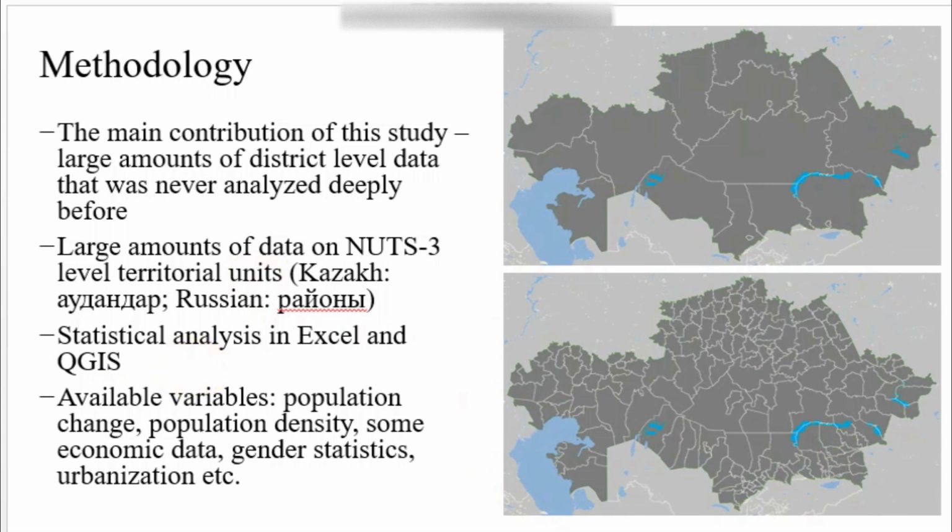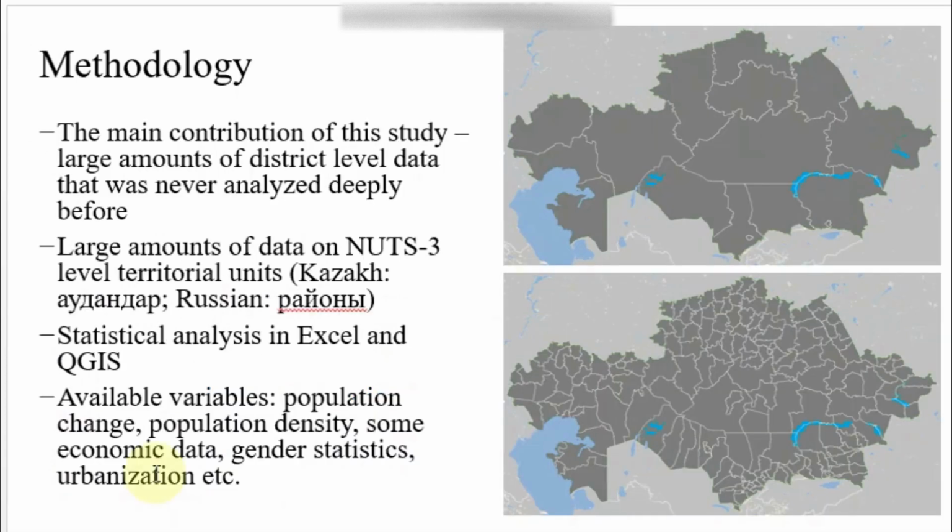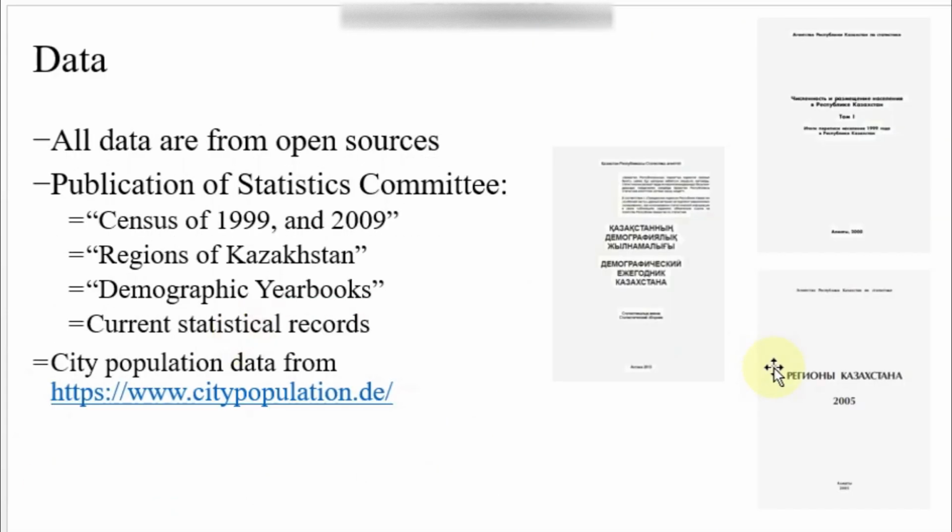In fact, these data sources contain a huge amount of geodemographic data. So it includes population change here, population density, economic data, some gender statistics, data on urbanization, and many other types of data. So I'm planning to write a series of papers based on these sources of data.